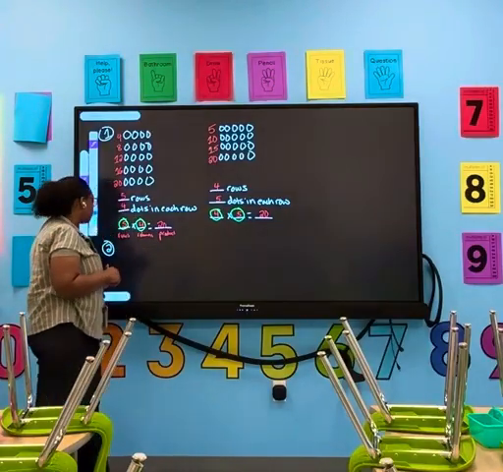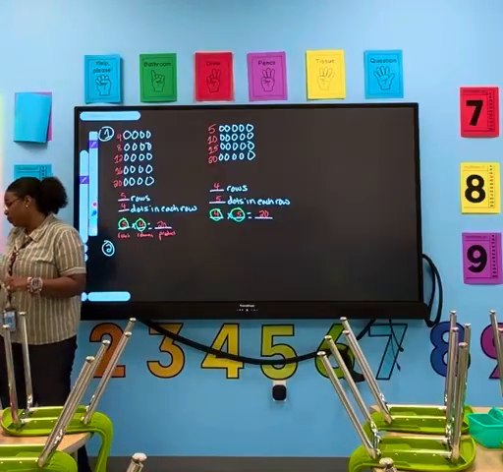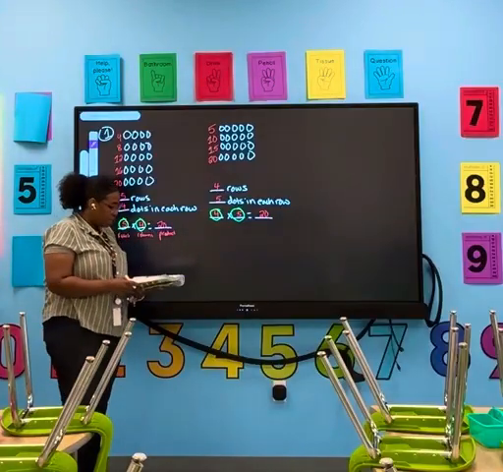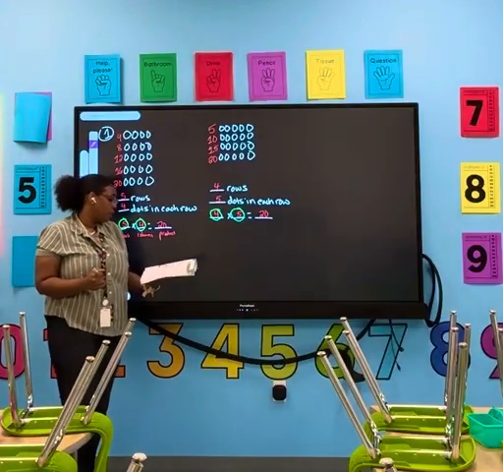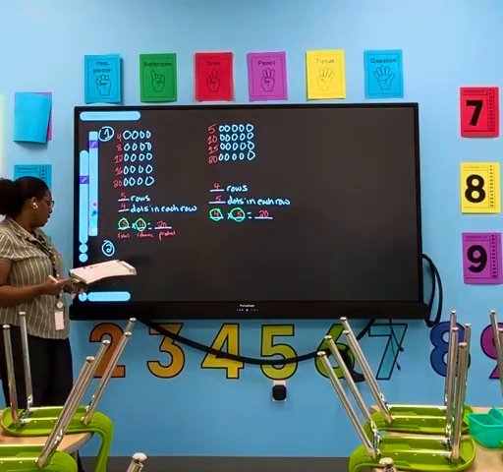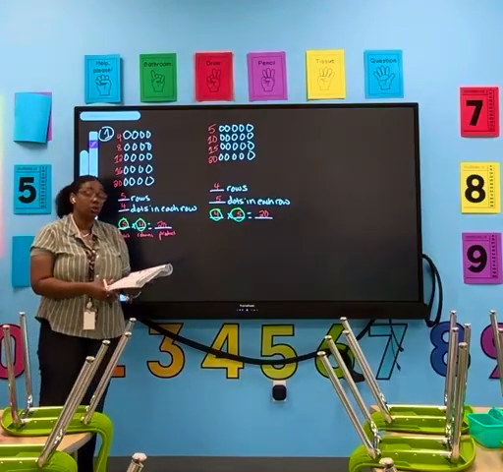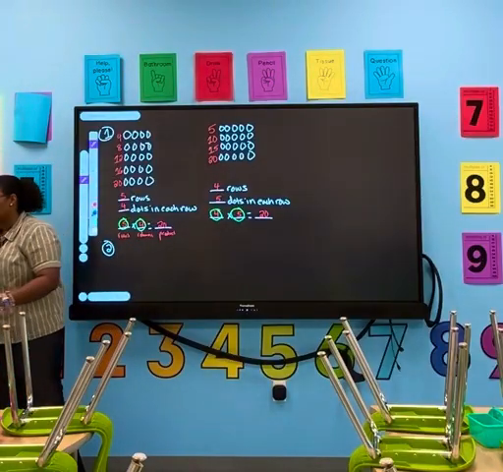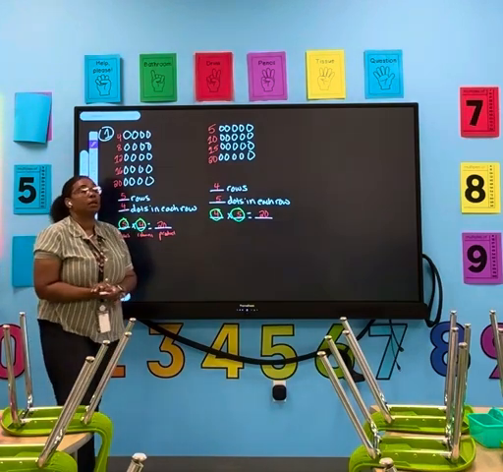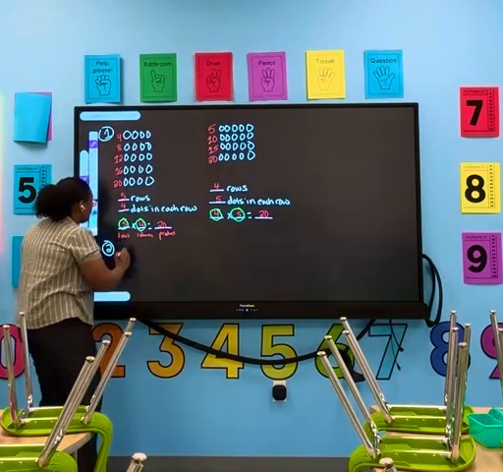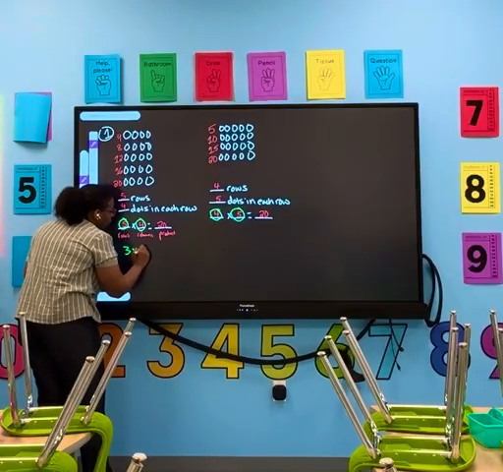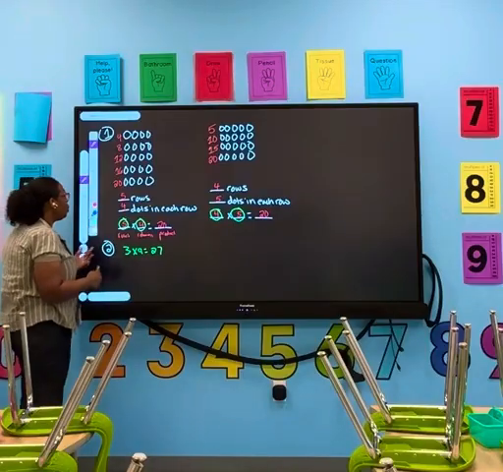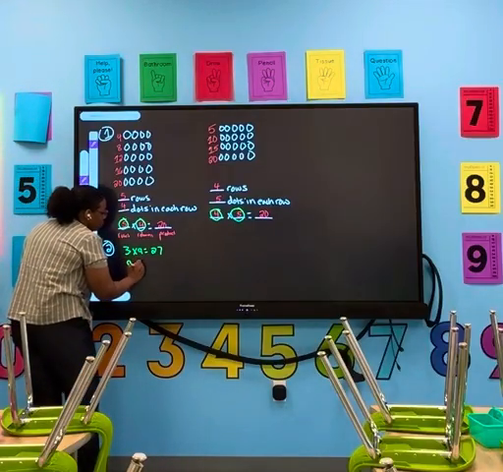Okay, let's keep going. Let's go to number 2. Number 2 says, you know that 3 times 9 equals 27. Explain how you know what 9 times 3 equals. Same thing I was just explaining, because we know that 3 times 9 equals 27, well, they want to know, how do you know the answer of 9 times 3?